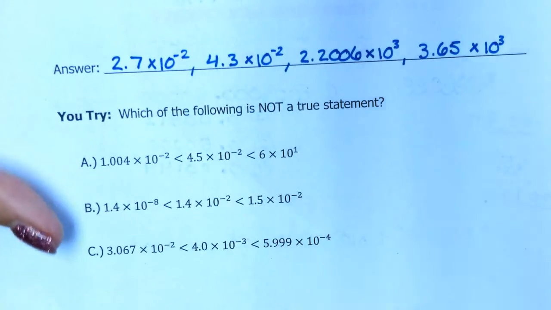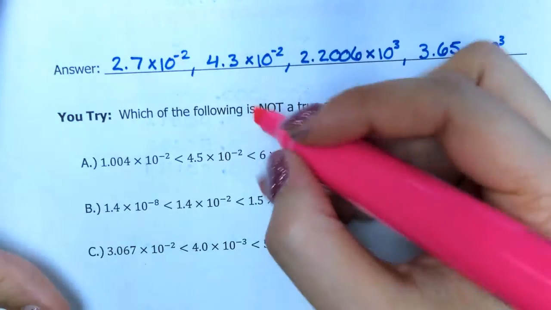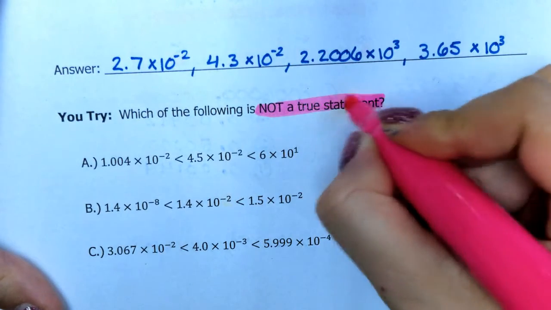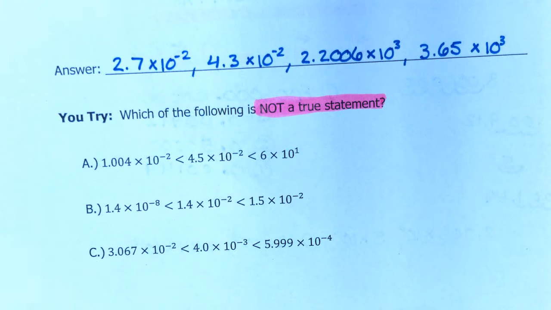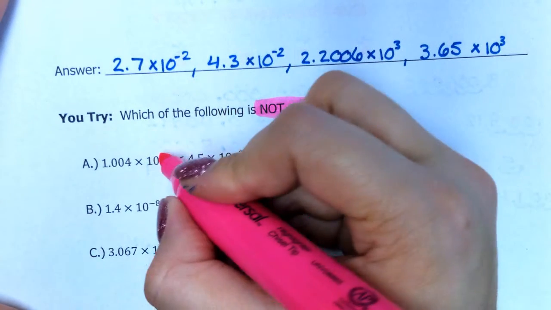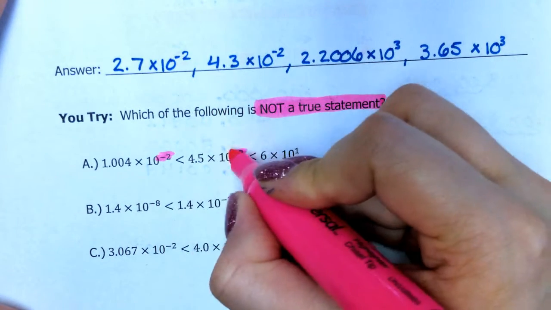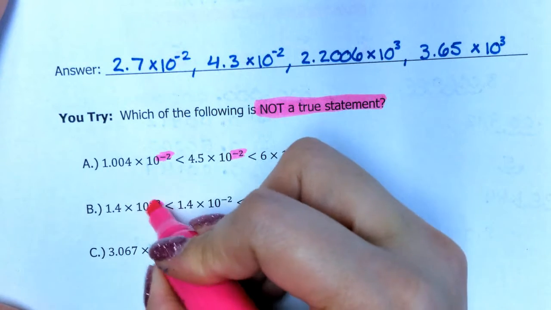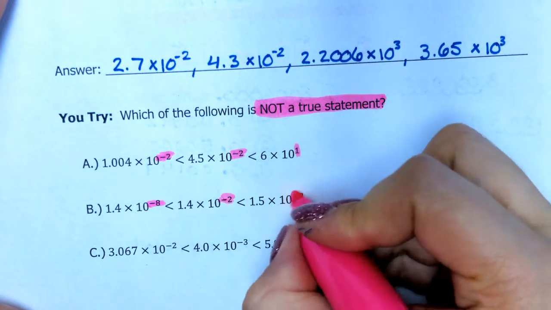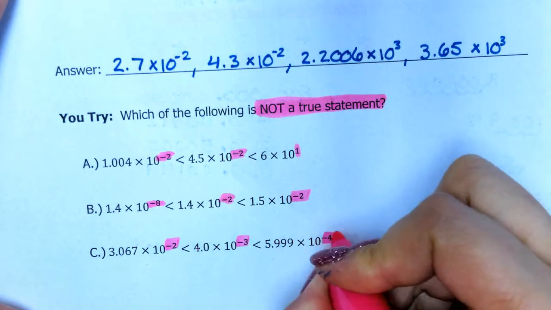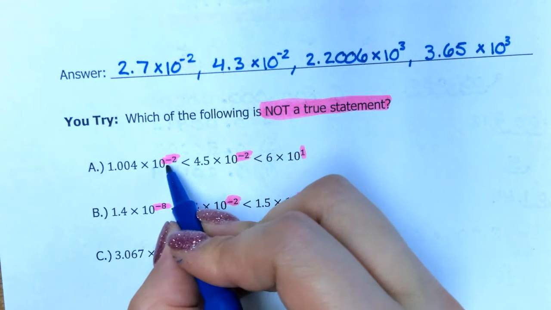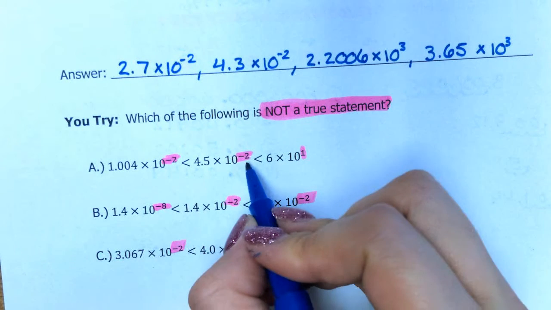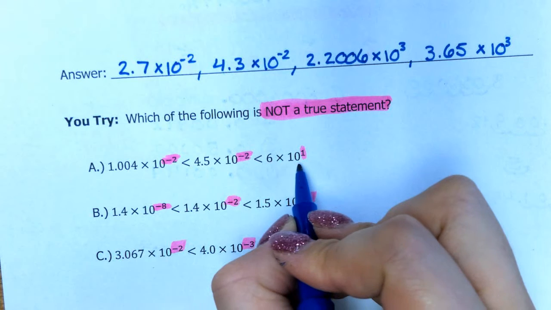Okay, last one. Which of the following is not a true statement? Not a true statement. Okay, so we have to be careful here because this is a not statement. So this one is saying the -2 is less than -2 is less than 1.